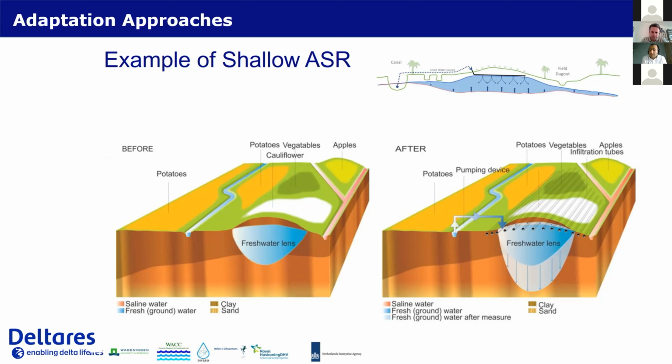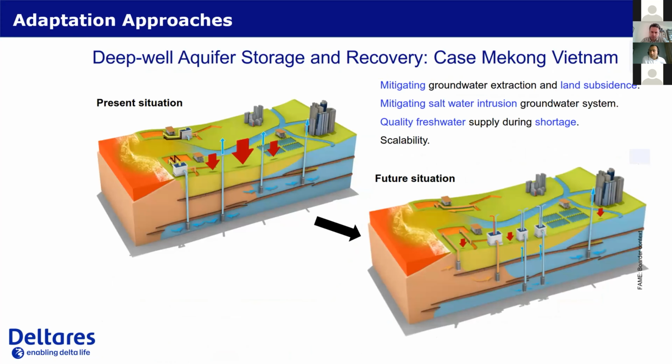And then in times of shortage, when salinity is too high, this can be leveraged and can bridge the gap in that period. Or we can think of, for instance, deep aquifer storage, hundreds of meters below the land level, bringing the water to those aquifers and then extracting it to bridge the gap in times of shortage.